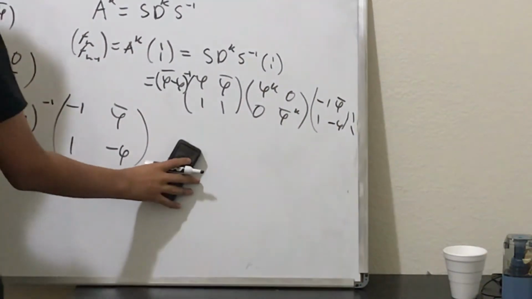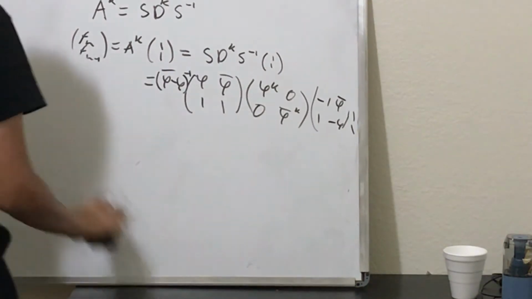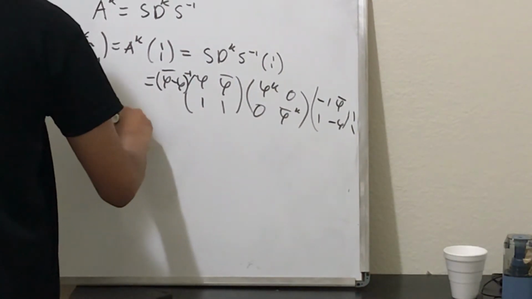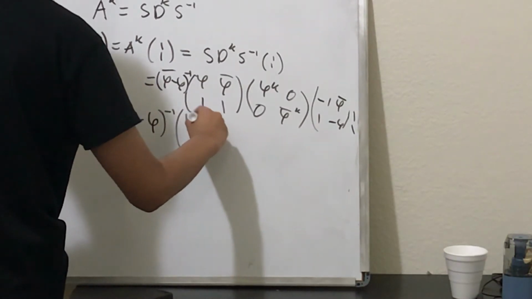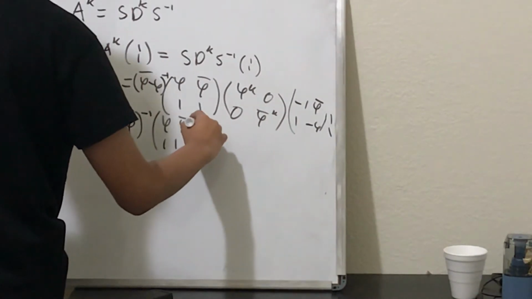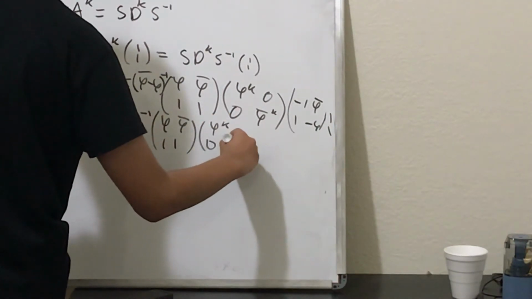This got a little bit messy, but okay. I can go ahead and erase this. Alright, so now let's go ahead and work through it step by step. (phi bar minus phi) to the negative 1, phi, phi bar, 1, 1. Okay, so phi to the k, 0, 0, phi bar to the k.